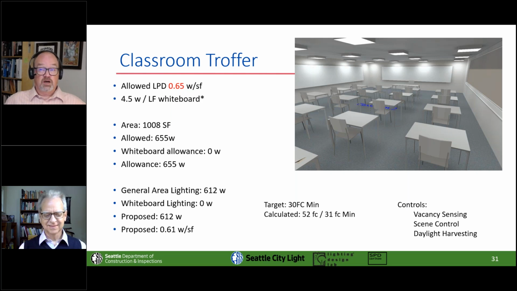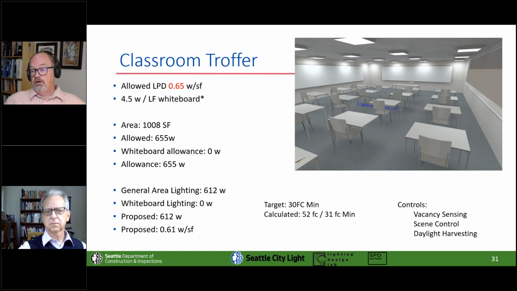It really should require an average 30 foot candles. But in order to get that light in the corners, which is where it trips people up, we actually have to bump up to 52 foot candles. Even given that, we're at 0.61 watts per square foot, which is under the 0.65.